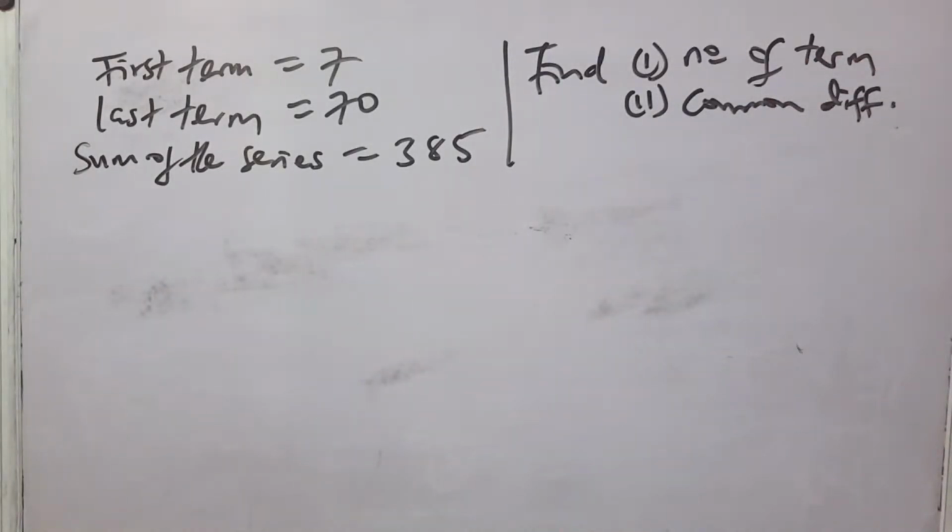So can we have 2 minutes in solving that? The first term of an AP is 7, the last term is 70, the sum of the series is 385. You have to find the number of terms in the series, and you are also supposed to find the common difference. Can I get an answer in 2 minutes?